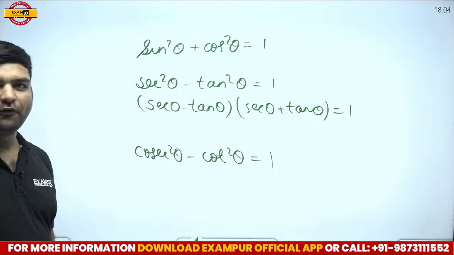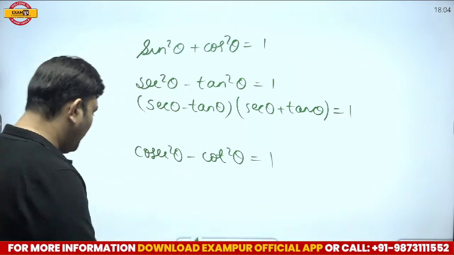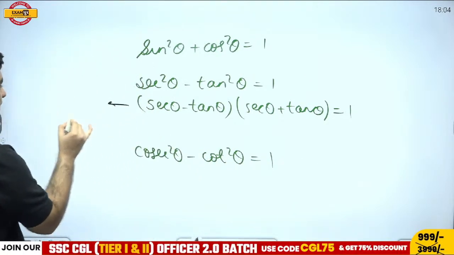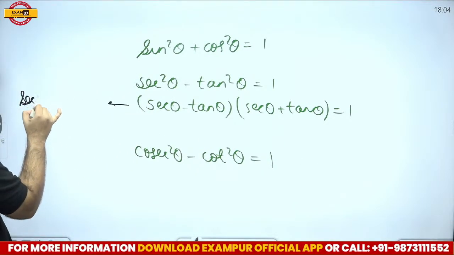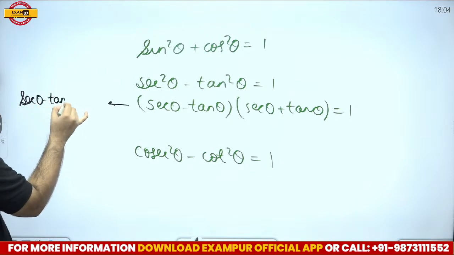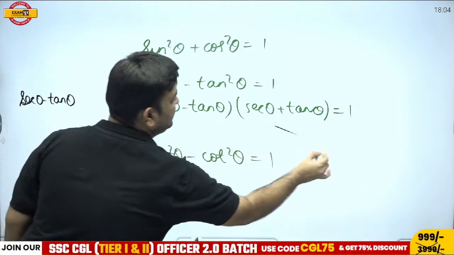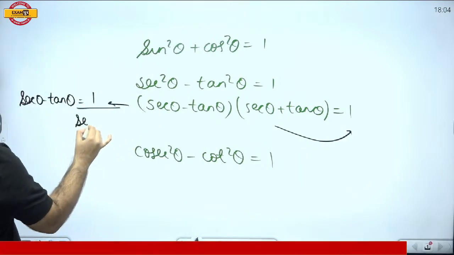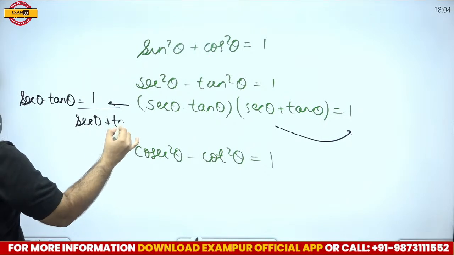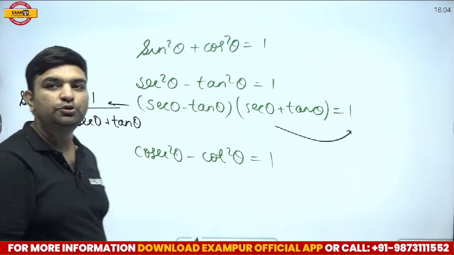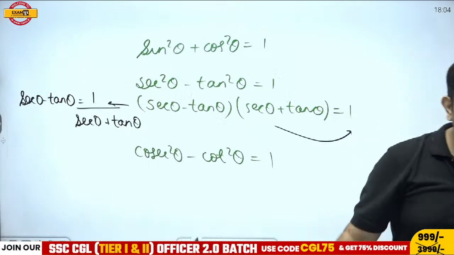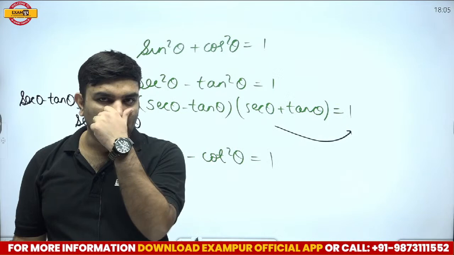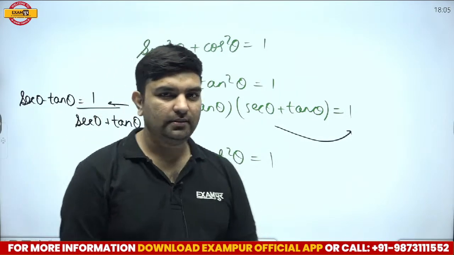So what you got to know from here, guys, is that sec theta minus tan theta and sec theta plus tan theta are inverse of each other. This is such a huge point. We are going to use it a lot.